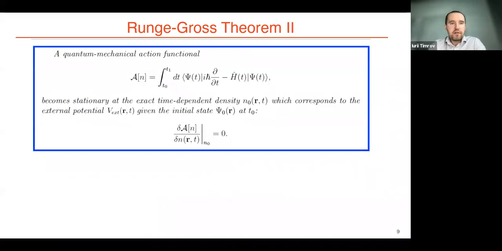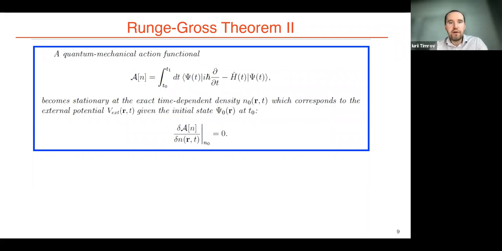Theorem 2 tells us that the quantum mechanical action functional, which we call A, which depends on n, and notice the square bracket, so this is to denote a functional. It's not a function. If it was a function, it would be round brackets. But to denote a functional, we use a square bracket.